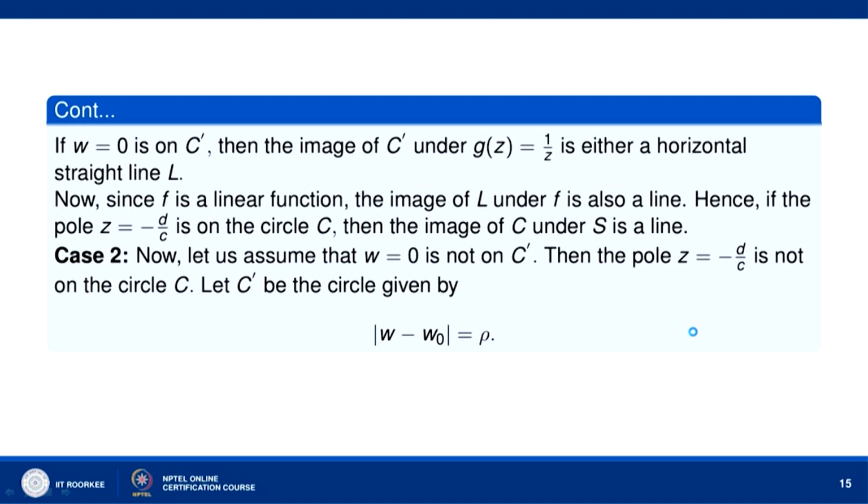Now, if w equal to 0 is on C dash, then the image of C dash under G(z) equal to 1 by z is a straight line. This we can see very easily. The circles and straight lines in the w plane are given by this equation.